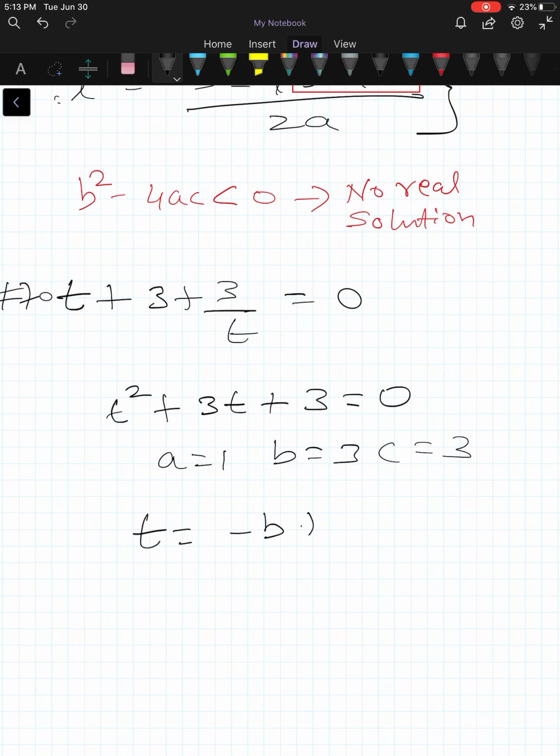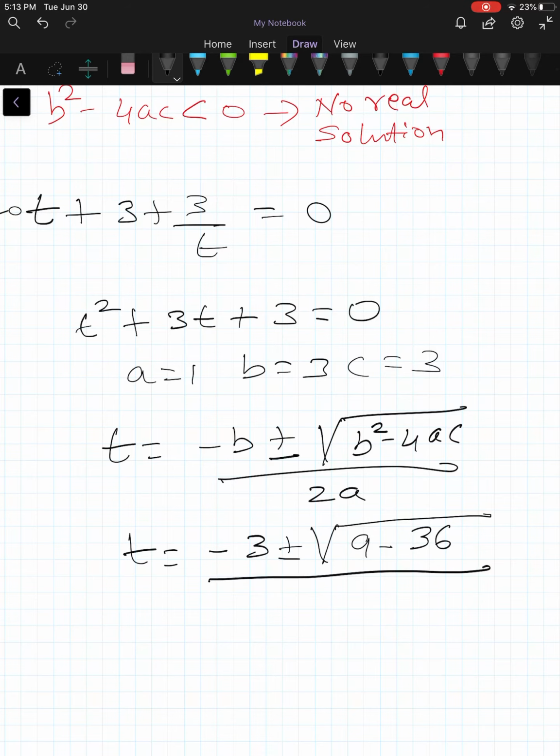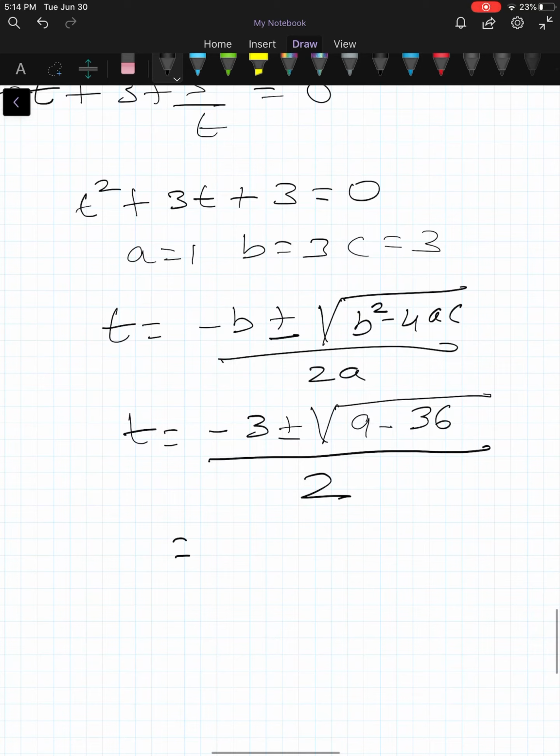Applying the formula, we get t is equal to negative b. I expect you to state the formula. So negative b plus or minus root b square minus 4ac divided by 2a. So t will be equal to negative 3 plus or minus square root of b square is 9 minus 4ac, that is 4 threes are 12, 12 times 3 is 36, divided by 2a, that is 2.